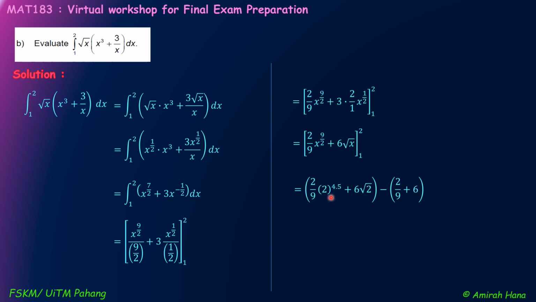And then we also can write 2 to the power of 9 over 2 equals 4.5 when we use a calculator. And then from here, using a calculator, we get the final answer equals 7.2914 up to 4 decimal places. This is the final answer for this question. Got it?